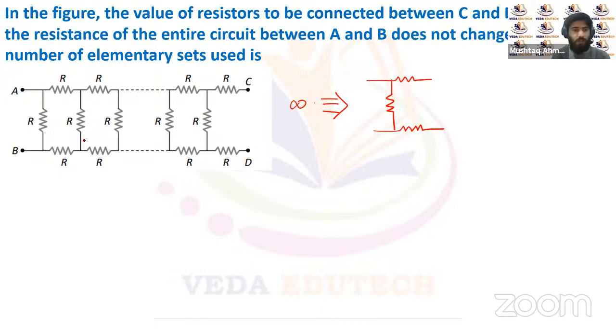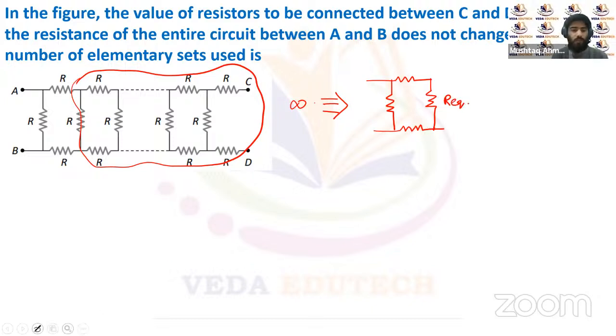We can do one thing: we can replace this whole portion of the circuit with the R equivalent. We can just write here R equivalent.